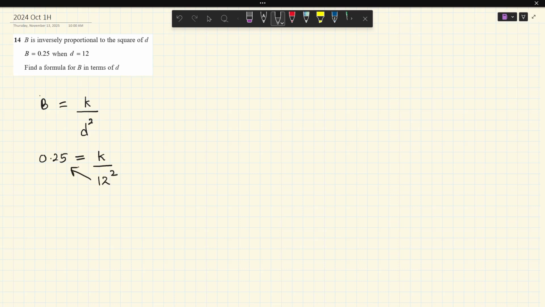Then I can cross multiply. That is 0.25 times 12 to the power 2 equals K. Using the calculator, you can find the answer, that is 36 equals k. Now we can substitute k equals 36 and write the formula, that is b equals 36 over d squared.